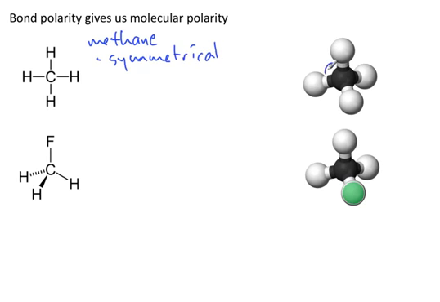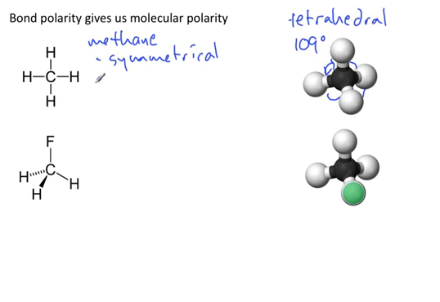We can look at the actual space-filling model for this and recall that all of those bond angles are 109 degrees. A tetrahedral molecule, when it has 4 ligands, will always be symmetrical. That's the case for all of those main geometries: if they're bonded with the maximum number of ligands, they will always have a symmetrical shape.